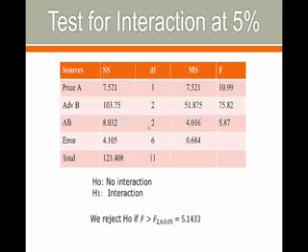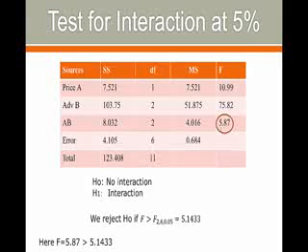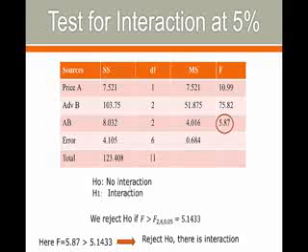Degrees of freedom for interaction are 2 and 6. That's why it's F(2,6) at 0.05, which is 5.1433. I will compare this value here. The 5.87 that I found here is greater than 5.1433. Therefore, there is a possible interaction. I've rejected H0: possible interaction.